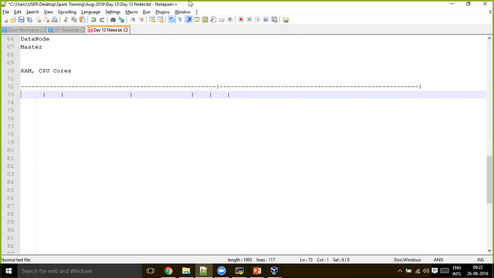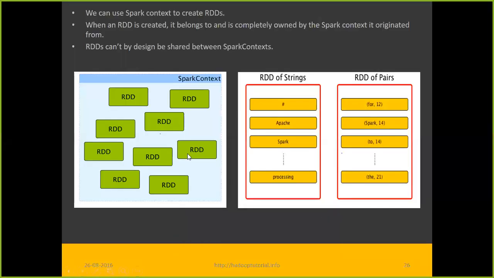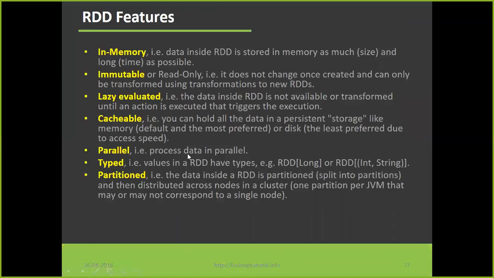I had another question. Can you please go back to those slides if you don't mind? When you say in memory, like the input split from HDFS gets loaded into memory, right?